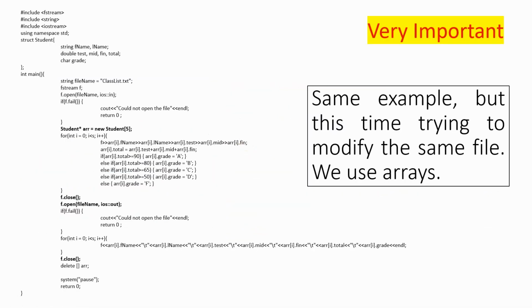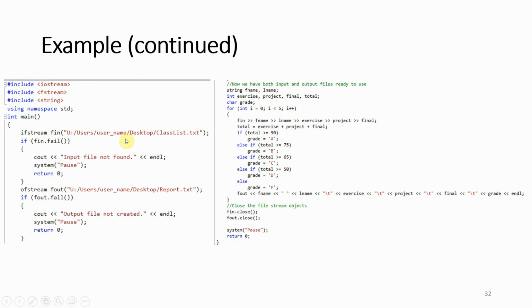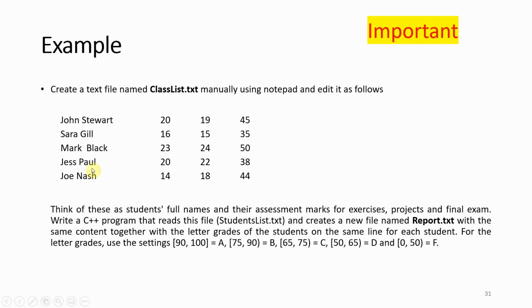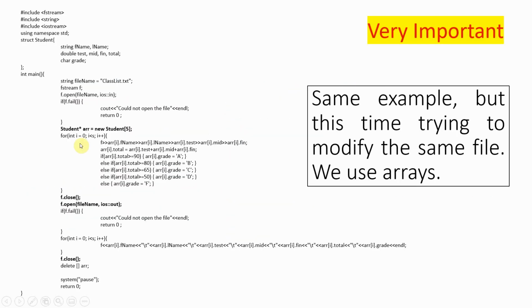What we have to do is to read from the file first, store all these values in a vector or in an array, as it's done here. We calculate the grade, we close the opening, and then open the file now for writing.